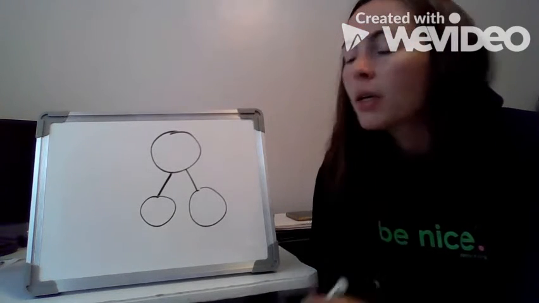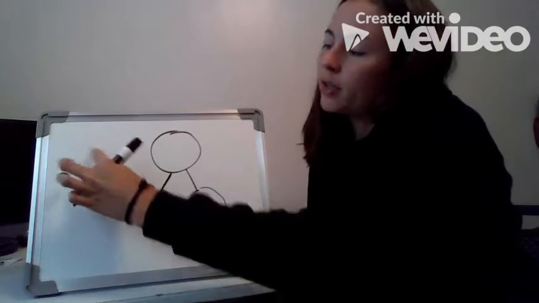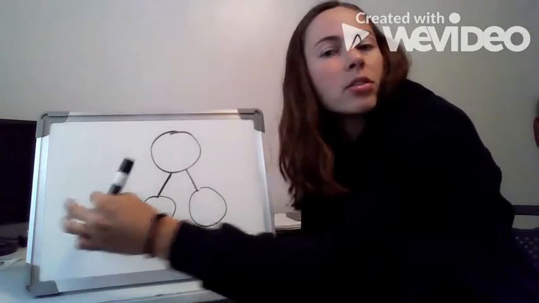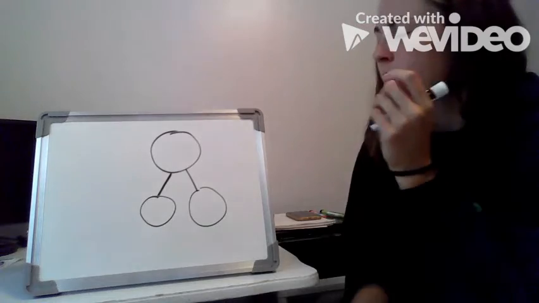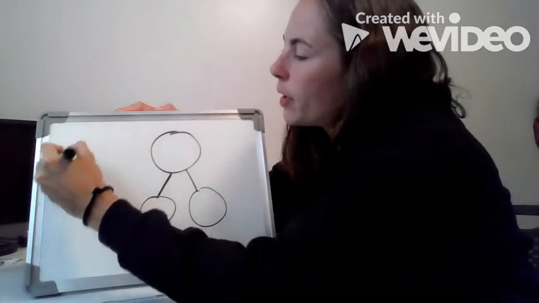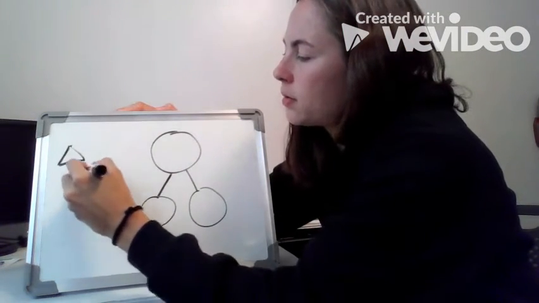Now, I'm going to draw a picture over here. You're not going to draw this picture, you're just going to look. Just look at my picture. Oh boy, I'm going to use triangles.